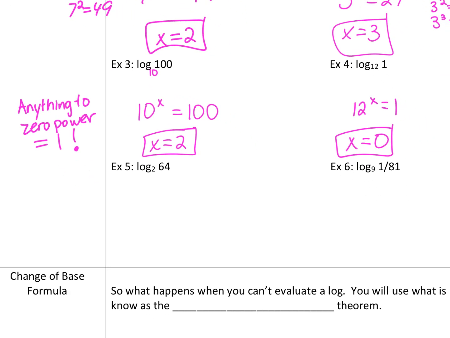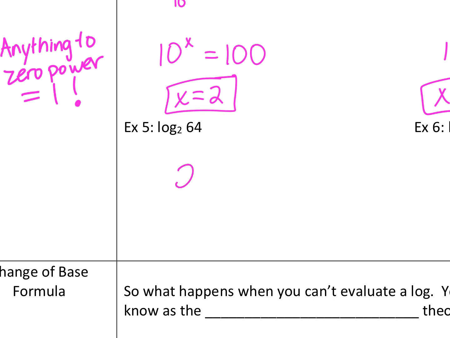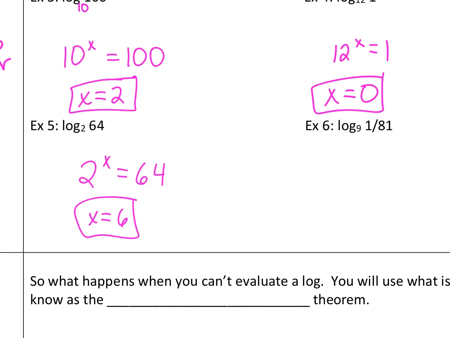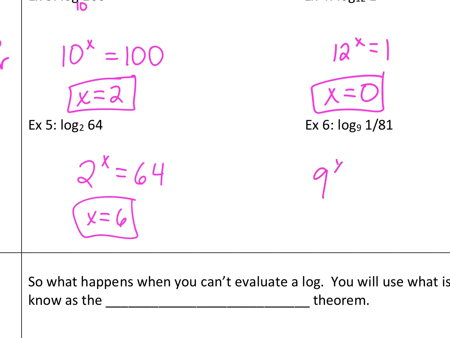Cool. Number 5. 2 to what power equals 64? This would probably be a good one to go write out your powers of 2 to the side. You should have got x equals 6. 2 to the 6 power equals 64. And then lastly, number 6. 9 to what power equals 1 over 81? This might have stumped you. So we got to think about fractions in this sense.